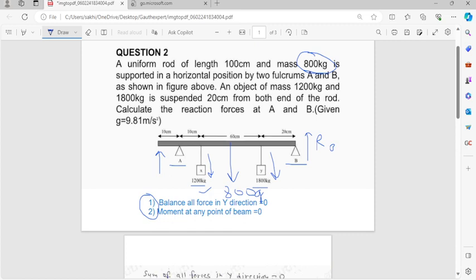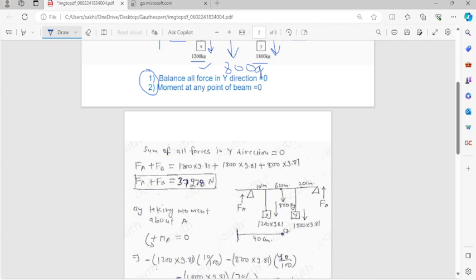Second, balance the moments at any point. We can take the moment at any point, and all the moments are zero and all the forces are zero in all directions, x, y or z. So first we balance the forces.